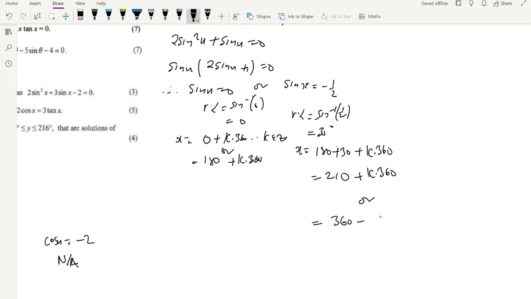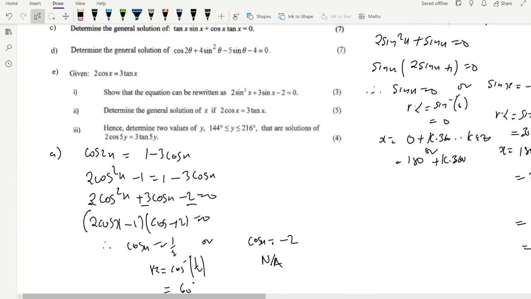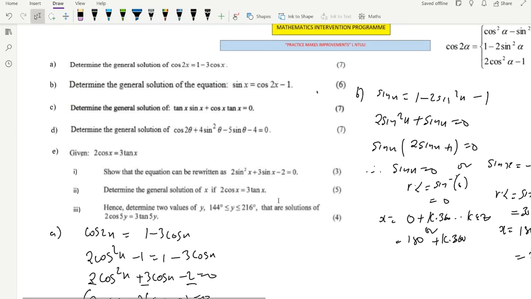It's the fourth: 360 minus 30 plus k 360, which is 330 plus k 360. Right, grade 12, this is as easy as 1, 2, 3.